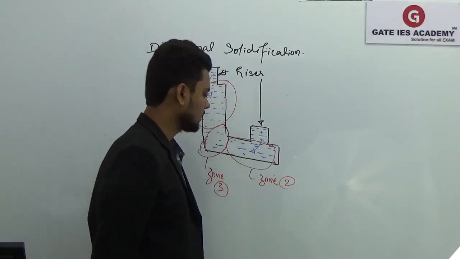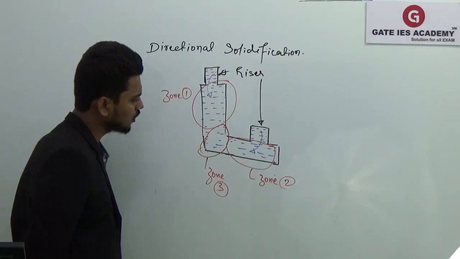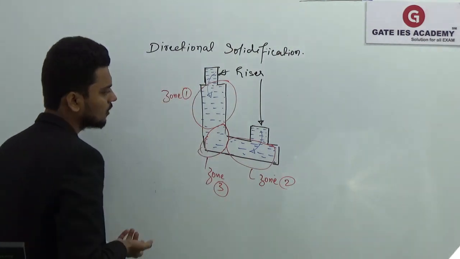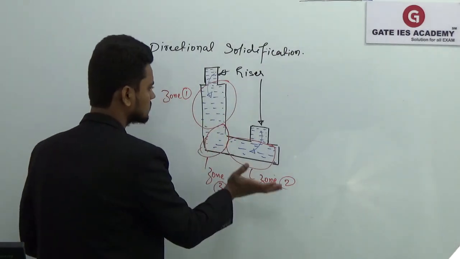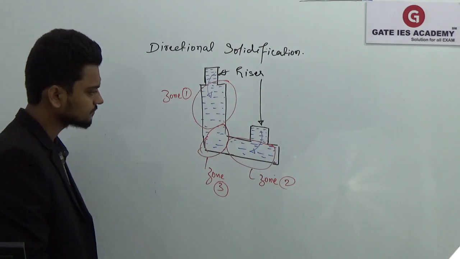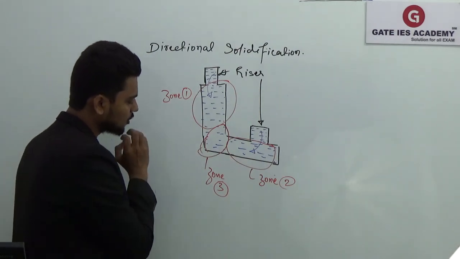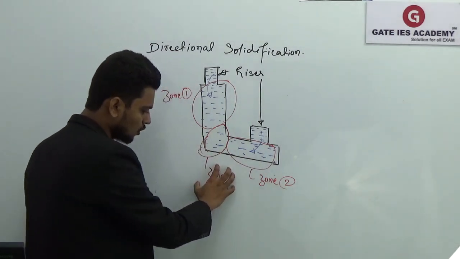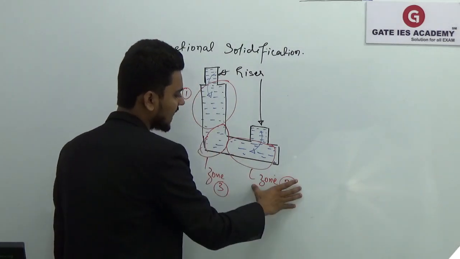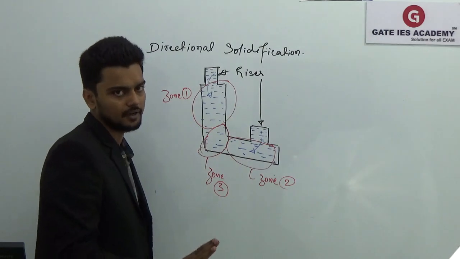Now the first thing is the volume of the molten metal present at the corner will be greater than the molten metal present in zone 1 and zone 2. So obviously the molten metal in zone 3 will take extra time than zone 1 and zone 2 to solidify.